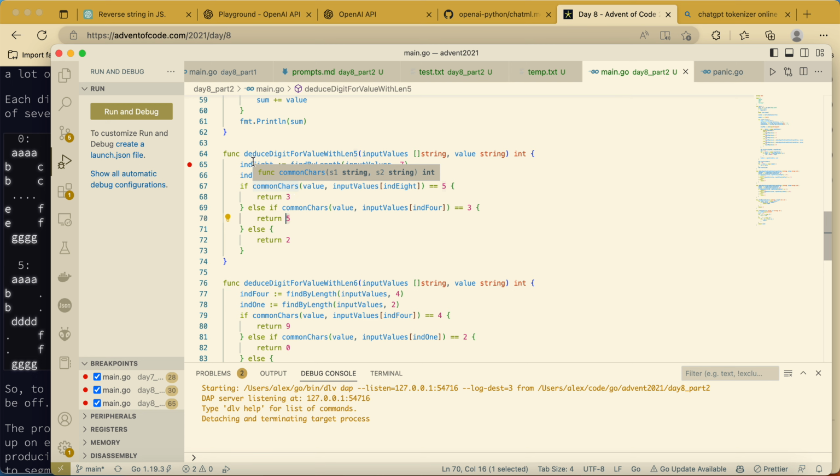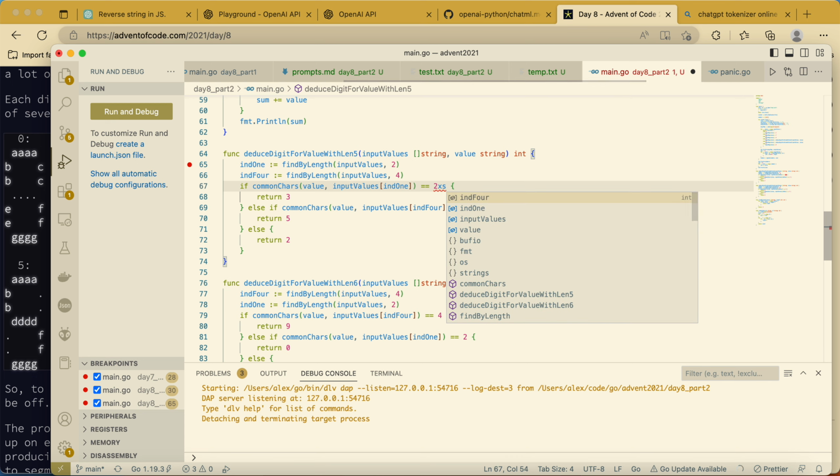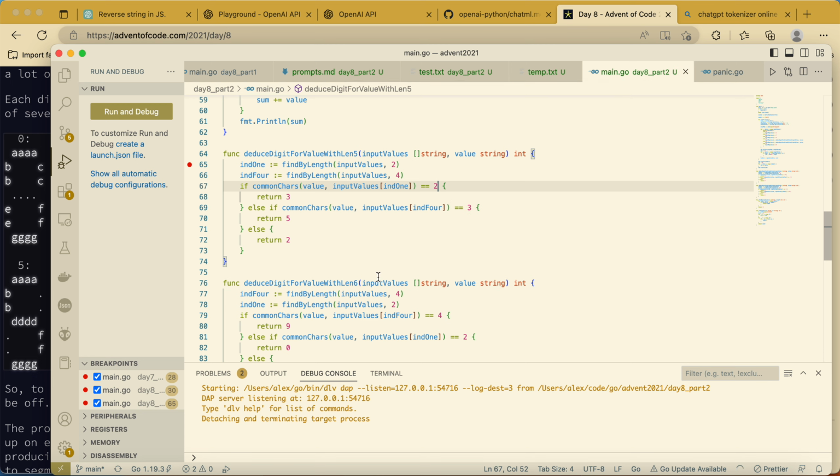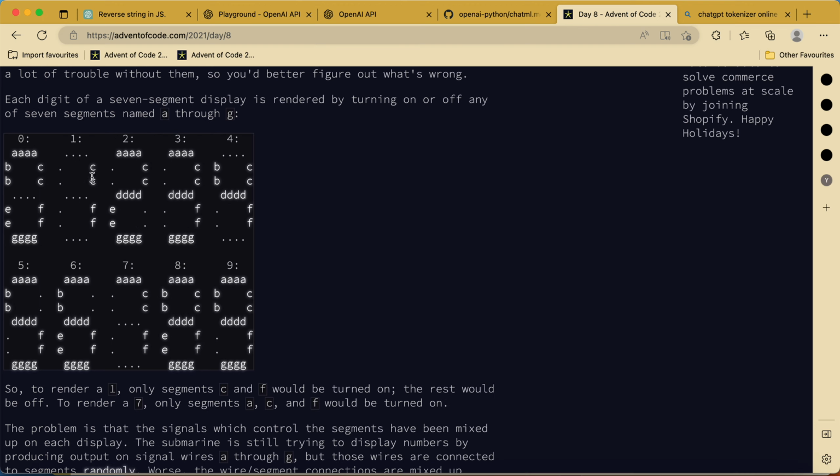Here I would assume that instead I should have 1 with length 2, and here I should have index of 1 and n should be 2, then it means that I am this one, because only this one, no matter how this and this are flipped, will have this 2.